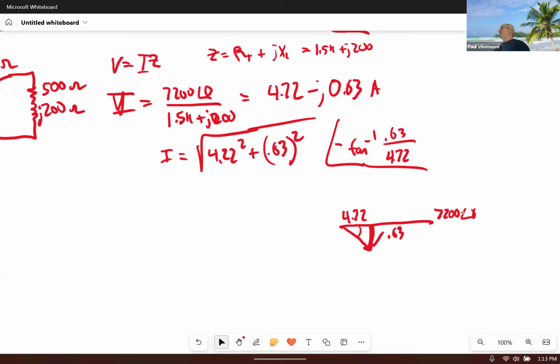Sine, opposite over the hypotenuse; cosine, adjacent over the hypotenuse; tangent, opposite over the adjacent. Isn't the opposite here and the adjacent here? We do a lot of trig identities in this class, but we love right triangles in this class. So you're all welcome to do that.